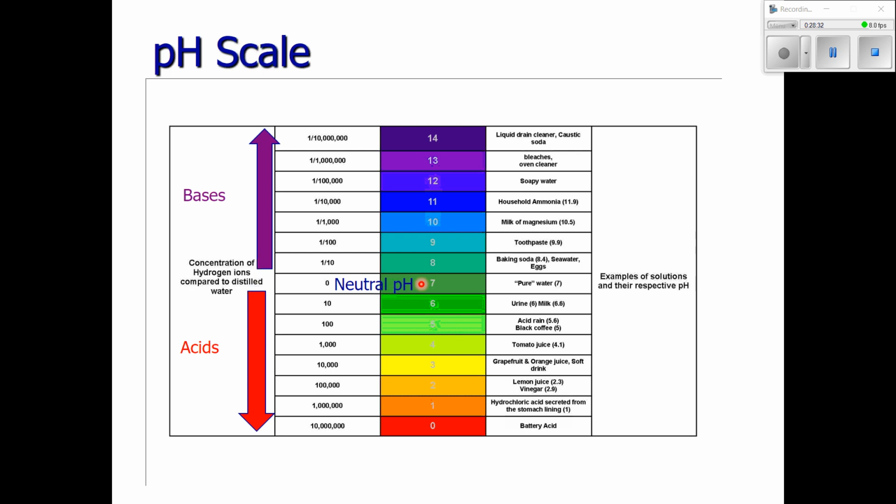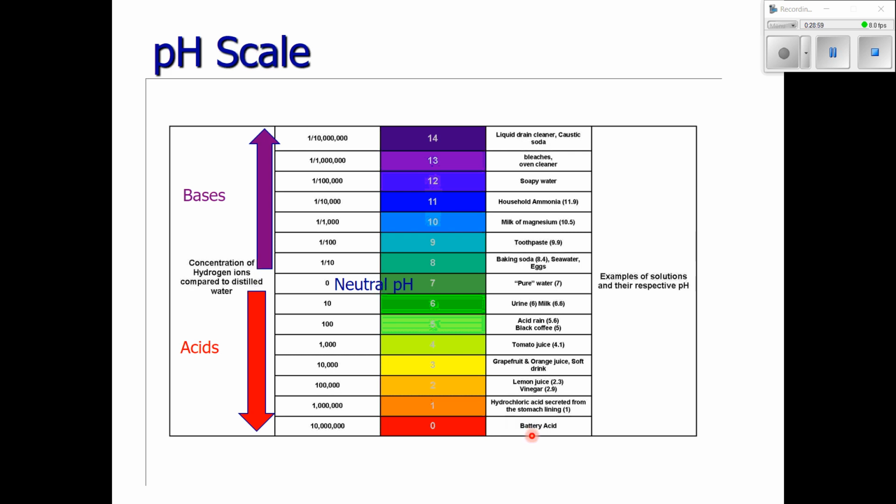Any number below that, pH of 6, 5, 4, 3, 2, 1, 0, anything below 7 is an acid. And the lower you go, the more acidic it is. A pH of 0 is an extremely strong acid, like battery acid that could burn your face off if your car battery explodes in your face.